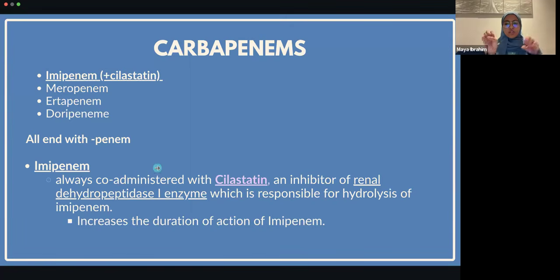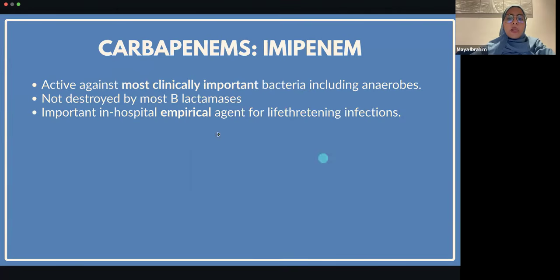It's always co-administered with these because it is an inhibitor of renal dehydropeptidase 1 enzyme, which is responsible for the hydrolysis of this drug. So this drug, as we know, is a cell wall synthesis inhibitor, but its half-life will be significantly reduced if we don't use this inhibitor. So that's why we use it in combination.